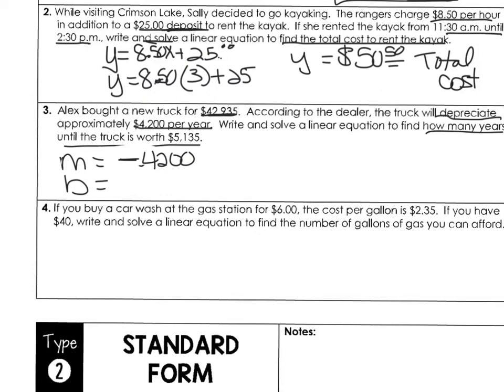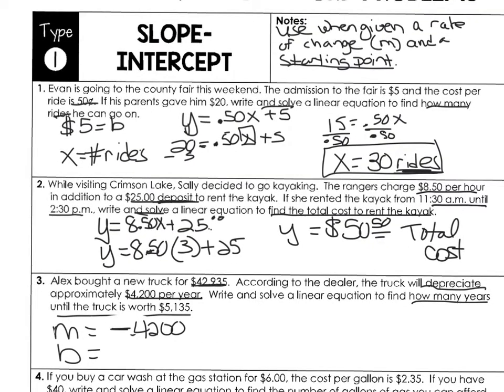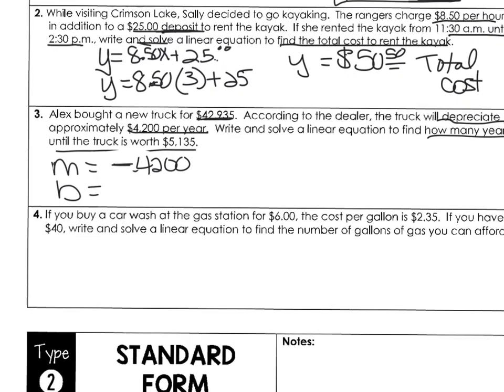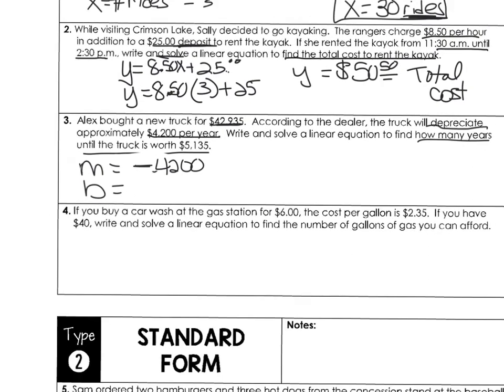So remember up here in your notes, we said when you're given a rate of change and a starting point, it could be a starting point, and these fixed costs and deposits, those are all starting points. So our starting point was 42,935.